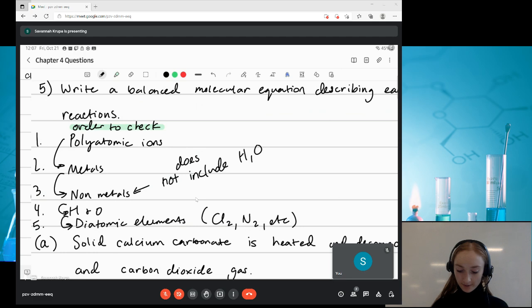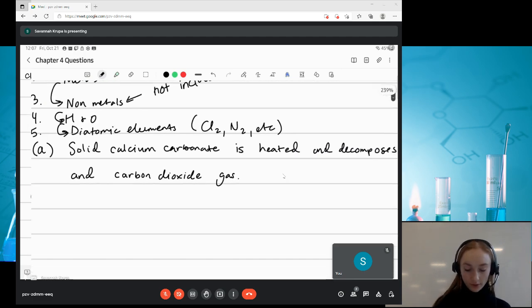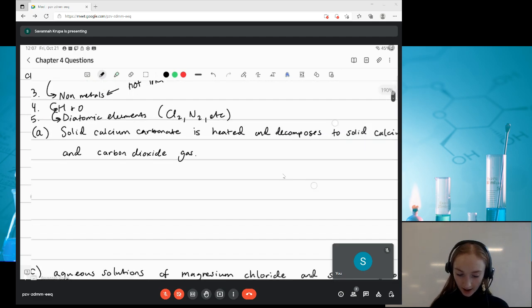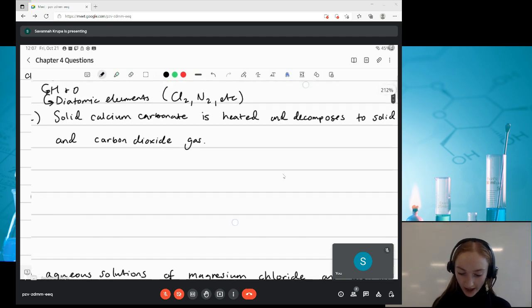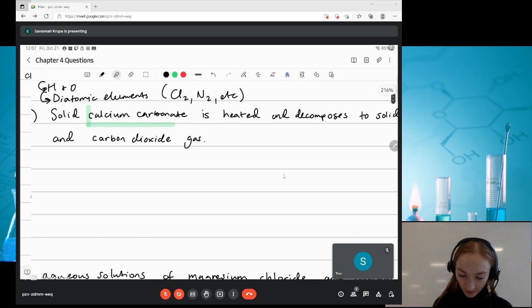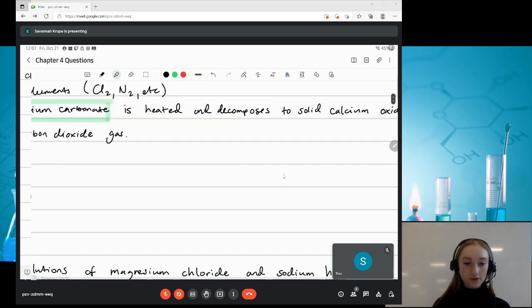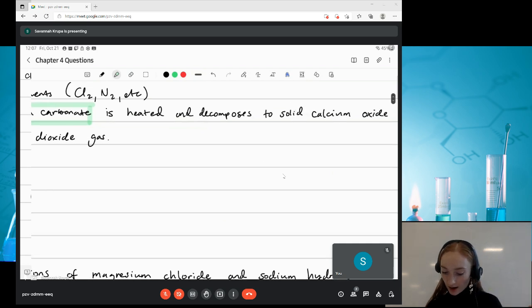Let's go over 5a. So we have a solid calcium carbonate that is heated, and it decomposes to a solid calcium oxide and carbon dioxide gas. So in this problem, we have calcium carbonate, and it decomposes, so this is what it will go to in the reaction.